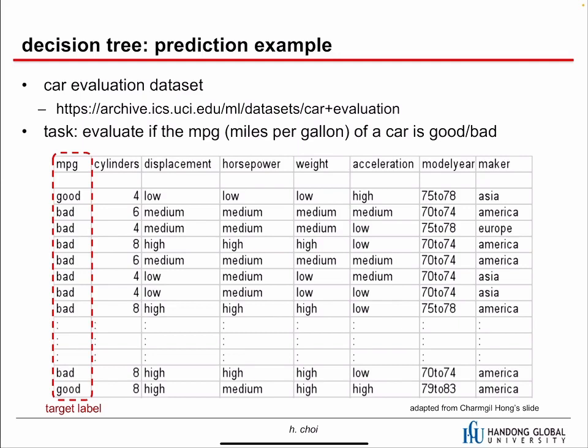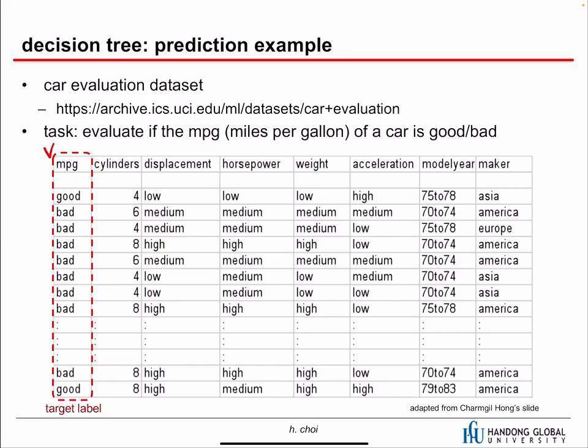Here is an example. It's a car evaluation data set, and the task is to evaluate if the MPG, miles per gallon, of a car is good or bad. So this one is a label. We have 7 features: the number of cylinders, displacement, horsepower, weight, acceleration, model year, and maker.